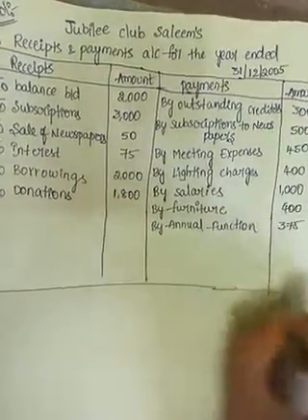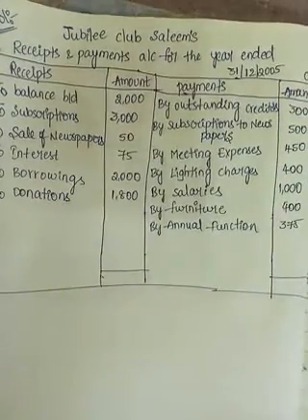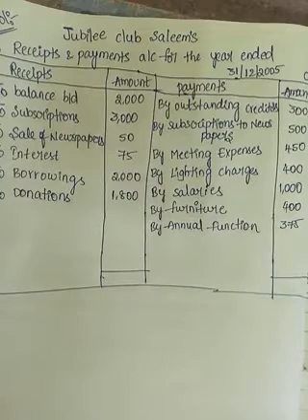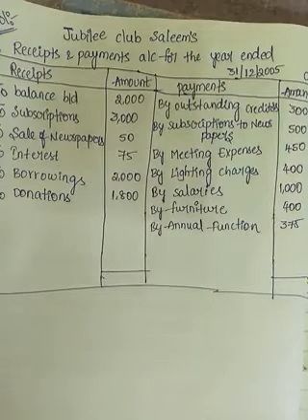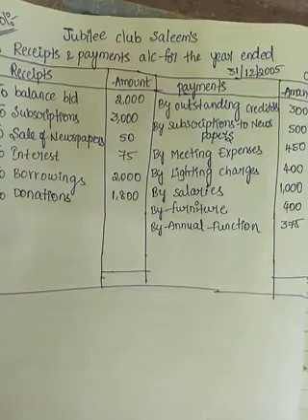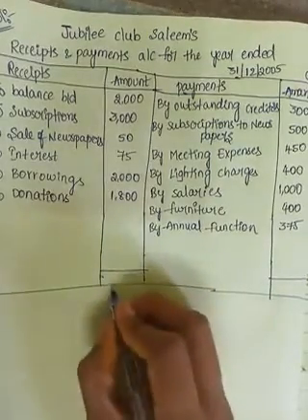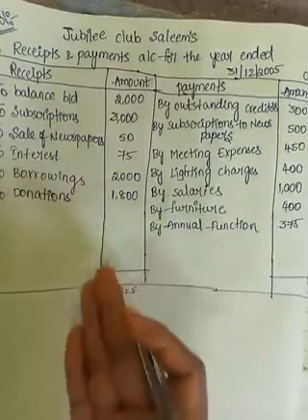Now we'll find out the closing balance. Now do the total of the receipt side first: 2000 plus 3000 plus 50 plus 75 plus 2000 plus 1800 is 8925, the total of the receipt side.